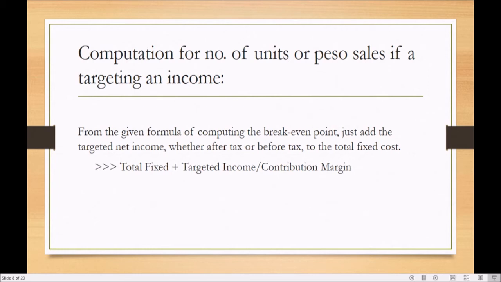It is that simple. If in units, divide by the contribution margin per unit. But if peso sales, divide by the contribution margin ratio. Okay?